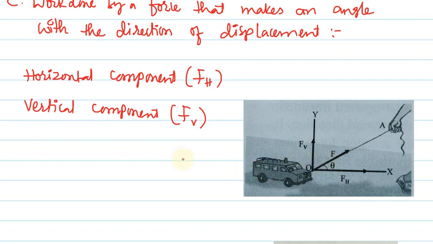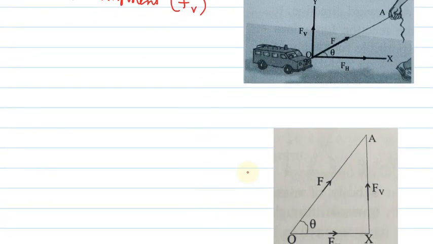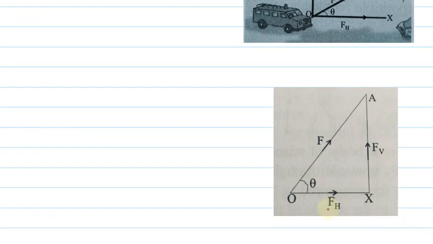The work is done only by the horizontal component of force, as the body moves in the horizontal direction, right? Now, if you observe this figure, here the angle is theta, FH is the horizontal component, F is the resultant force, and FV is the vertical component, right?